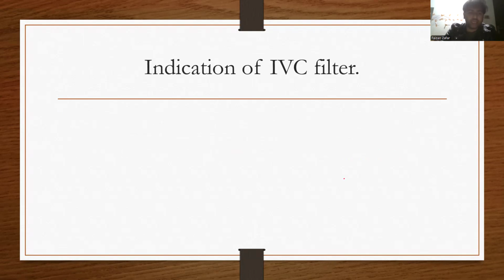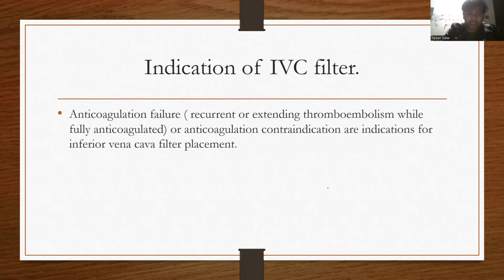Next is the indication of the IVC filter. This is a very important indication. There are two very important indications of the inferior vena cava filter: anticoagulation failure and anticoagulation contraindication.